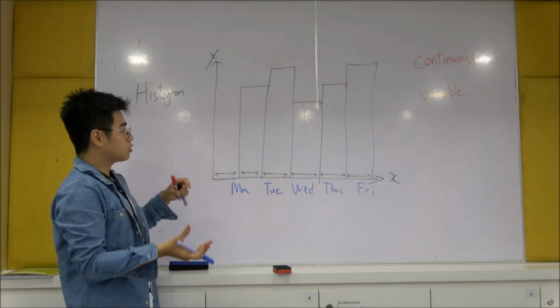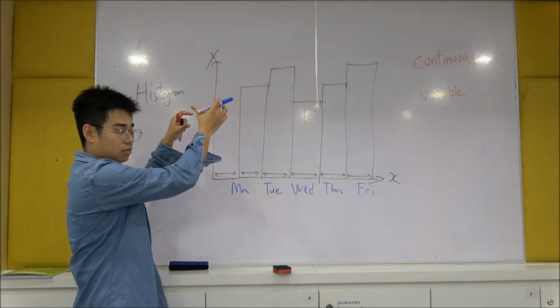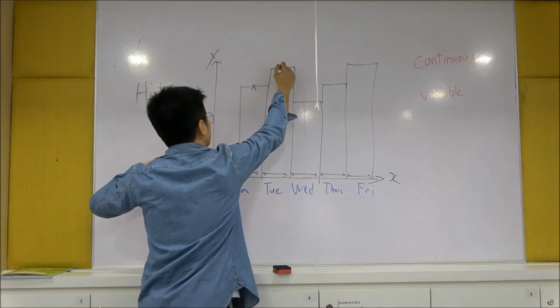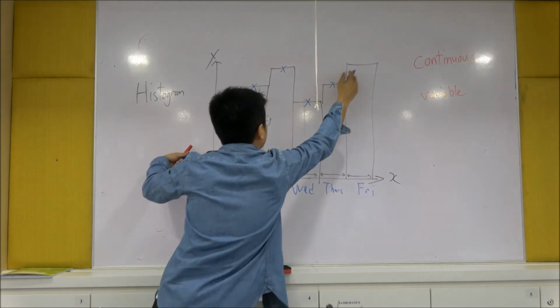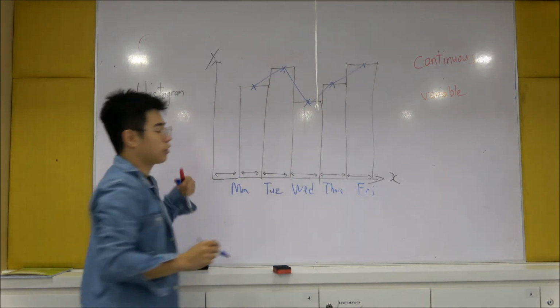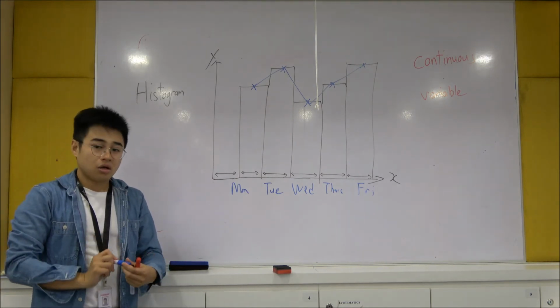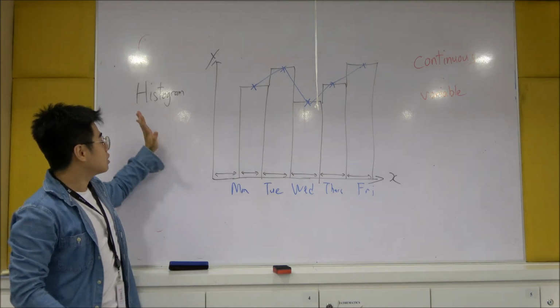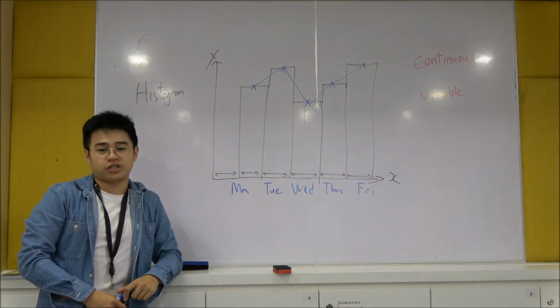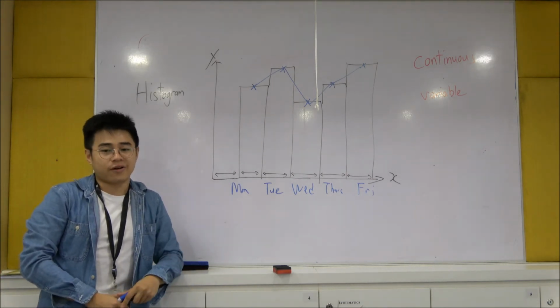Because if you were to put the plot in the middle of the bar, you can actually create a line graph similar to just now. There you go. So, this is a histogram, and a histogram uses continuous variables as well, unlike bar charts, which use categorical variables.